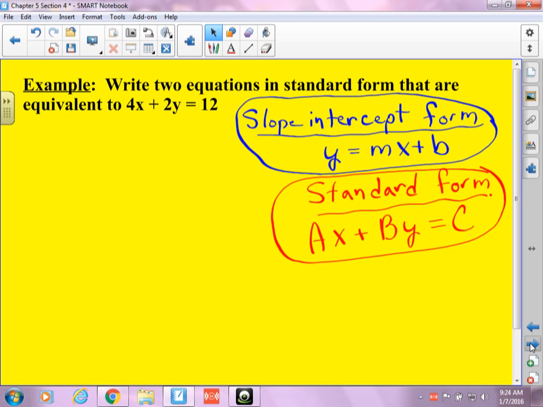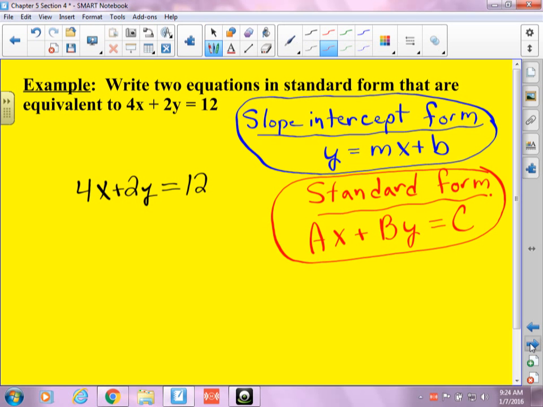So this is how you're going to do it. You're going to take this equation and multiply it by a number. It does matter what number you choose, and we'll talk about that. But first, I'm going to multiply this by, notice I put parentheses around it, 2.